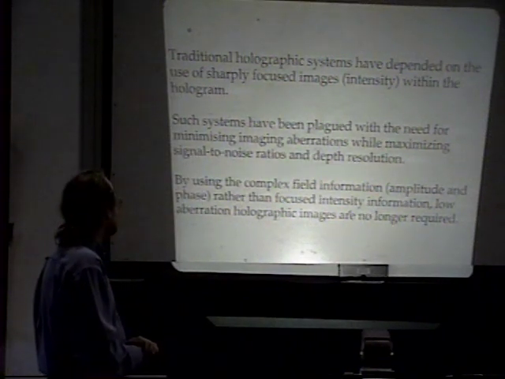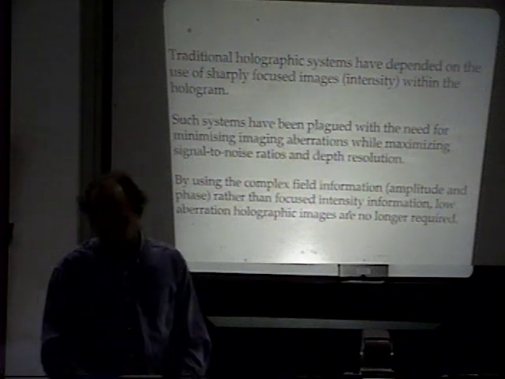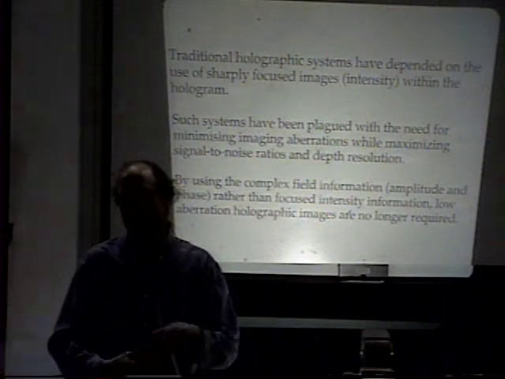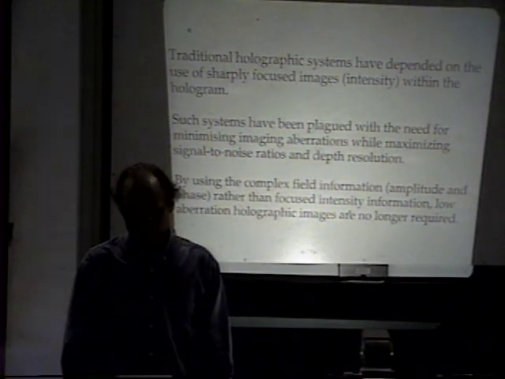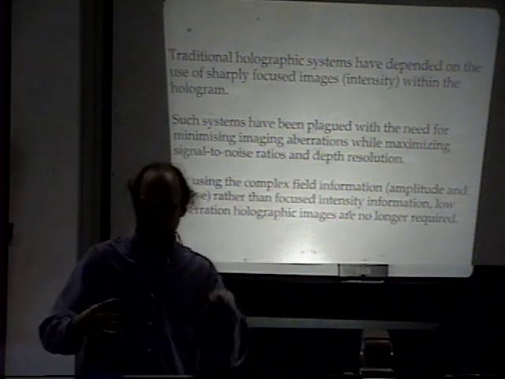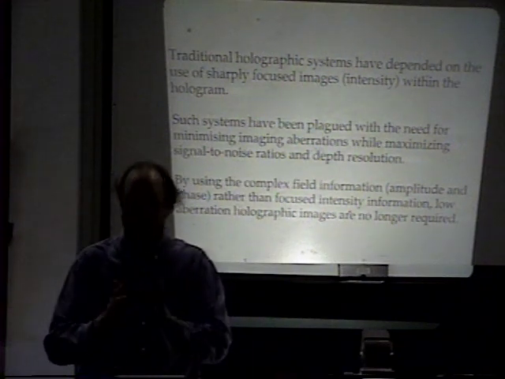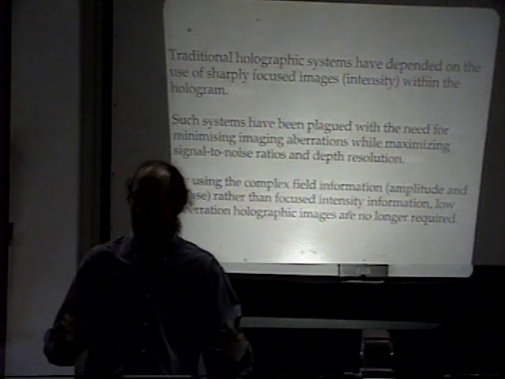Generally, imaging aberrations is a really big problem when you do realistic experiments, either for two-dimensional PIV or for three-dimensional PIV. Usually you have a window that's between your subject and your camera, and this window is often not flat. Very often it's a curved window.